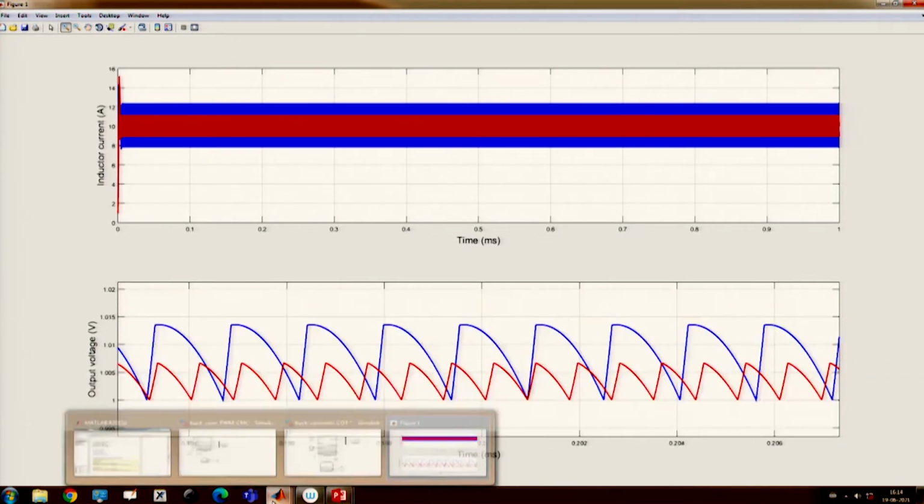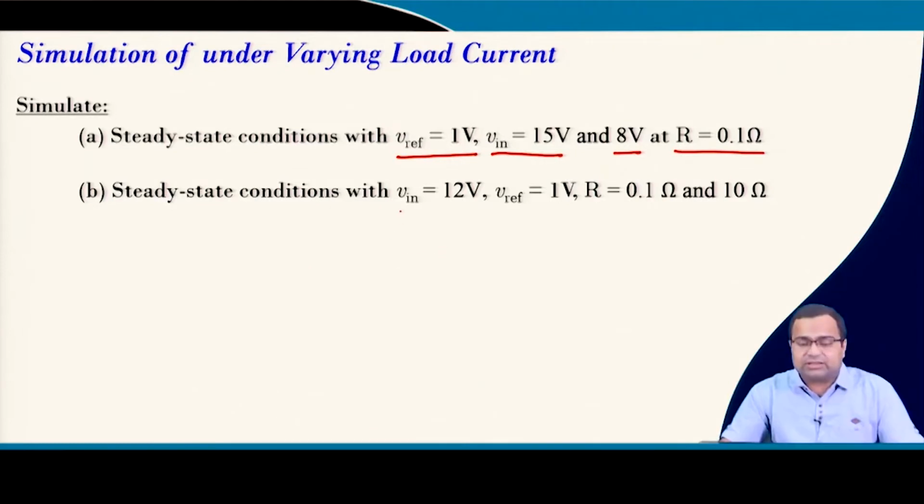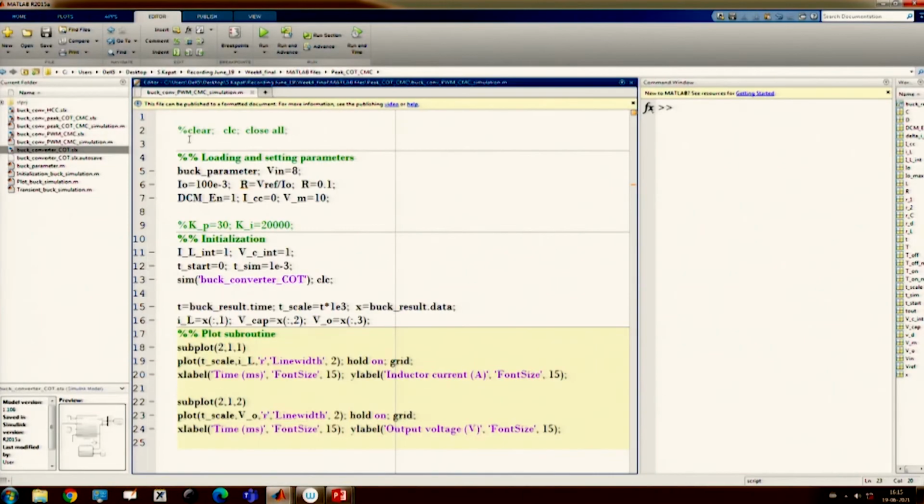Now, coming to the next simulation, we want another steady state condition where input voltage remains at 12 volt, which is originally set in the parameter set, but we want to change the load resistance from 0.1 to 10 ohm. Let us see what happens. So we will change this.